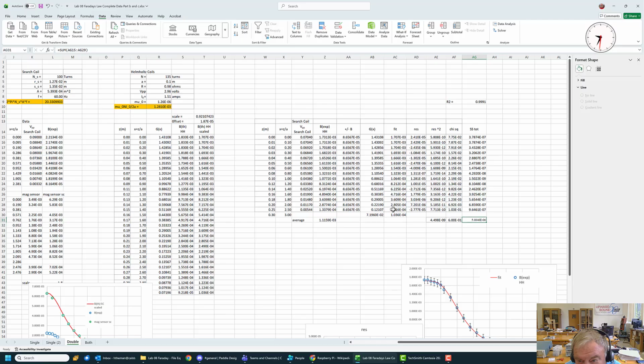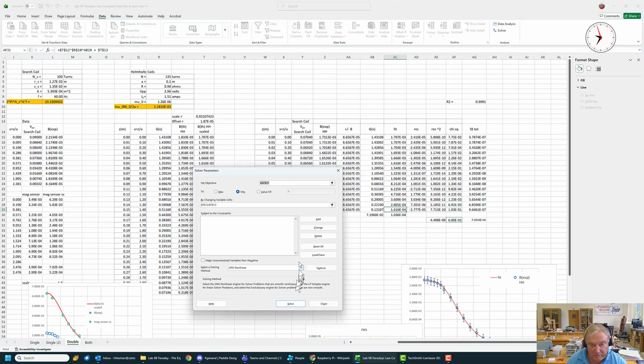So let's look at the fit values. So, yeah. That has the scale factor and the offset. And yep, there's the thing to minimize.